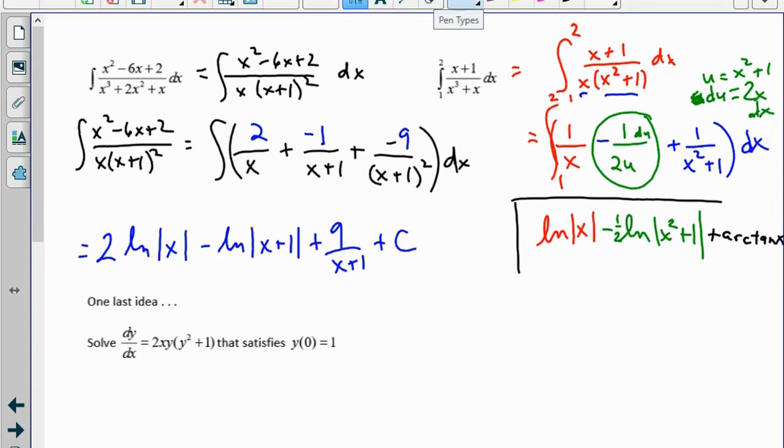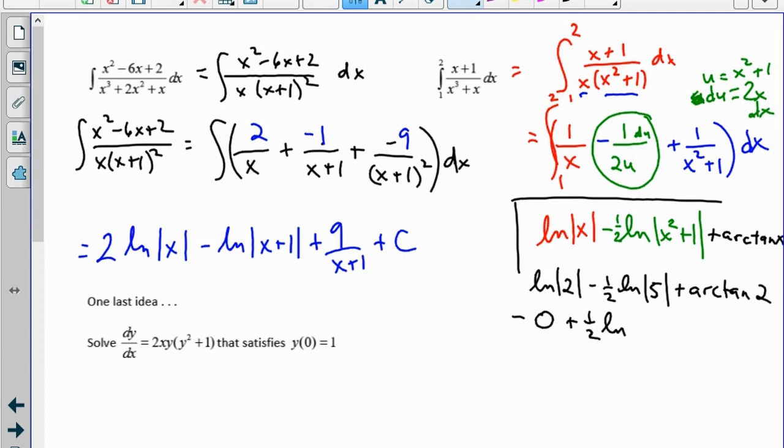When I evaluate this and I sub in 2, I get the natural log of 2 minus 1/2 times the natural log of 5 plus arctan of 2, minus, when I sub in 1, I get the natural log of 1, which is 0, plus 1/2 natural log of 2, and then minus arctangent of 1.